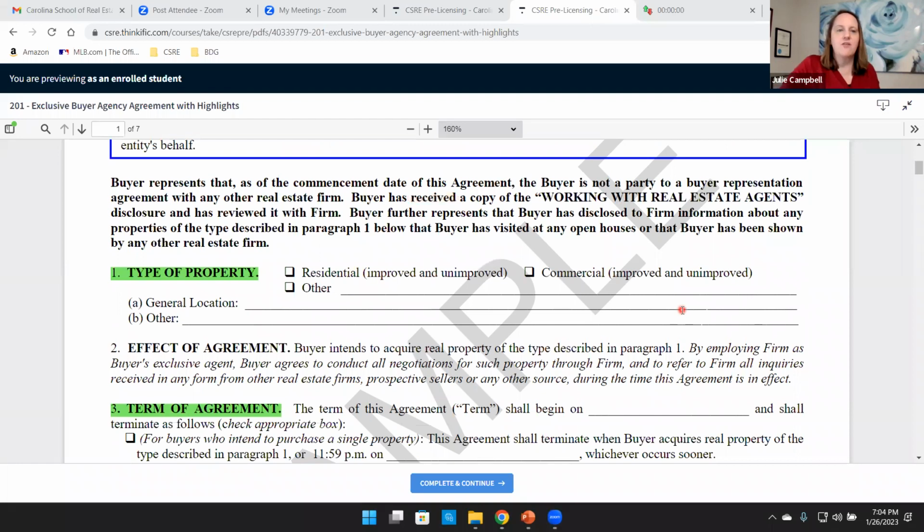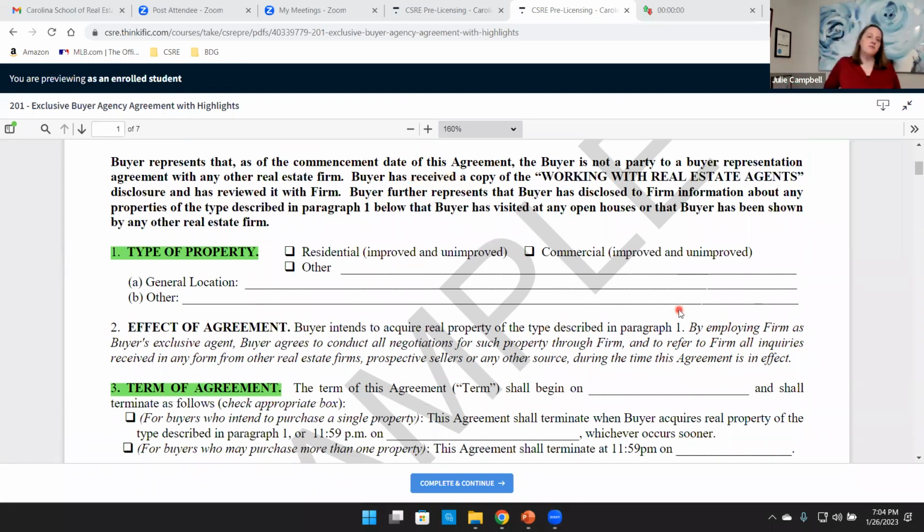So one thing we have in our buyer's agency agreement that is different than our listing agreement is the type of property. We need to identify what kind of buyer am I working with? Is this buyer looking at a residential property? They're looking at a commercial property or something. Maybe it's a warehouse or an industrial.